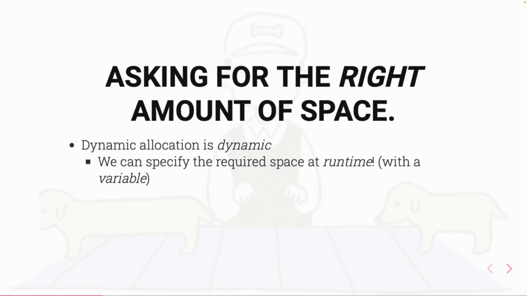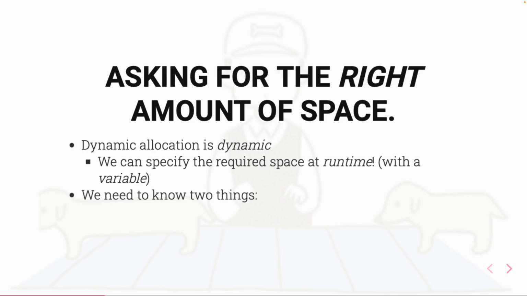When you're allocating space for arrays on the stack, the safest way to go about it is to always use constants that are defined with #define, the preprocessor thing. And then variables sometimes work. You could sometimes define a stack-based array with a size based on a variable, but it's kind of dicey. With dynamic allocation, we can specify whatever we want based on whatever variable or user input or whatever at runtime.